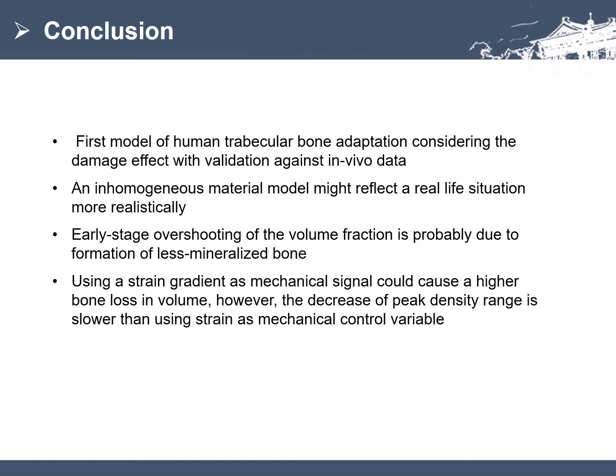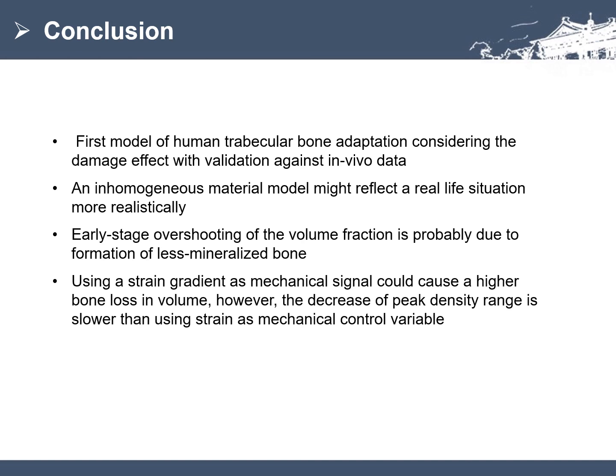In conclusion, this is the first model of human trabecular bone adaptation considering the damage effect, with validation against novel in vivo data. The inhomogeneous material model might reflect a real-life situation.